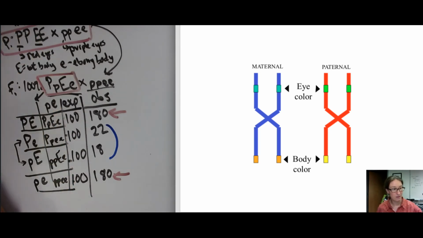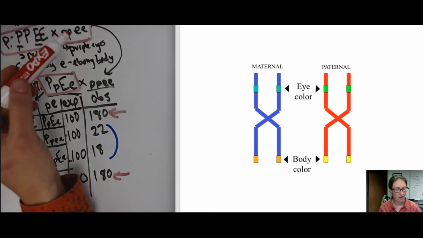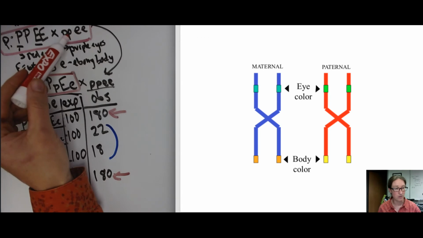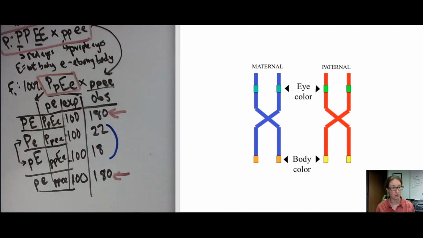So if we think back to this parental generation, and we think about parent number 1 here, and what happens during meiosis, right? They're passing on a full chromosome that contains the big P and the big E. And let's just say this is the mother in this case, right? And then meanwhile, we've got another chromosome that's getting passed on that contains little p, little e. And let's just consider that to be the paternal chromosome.